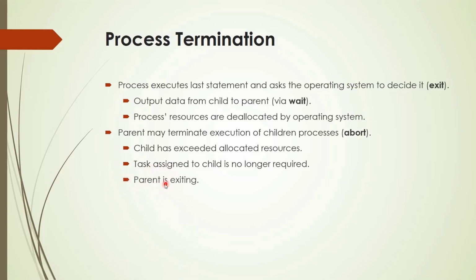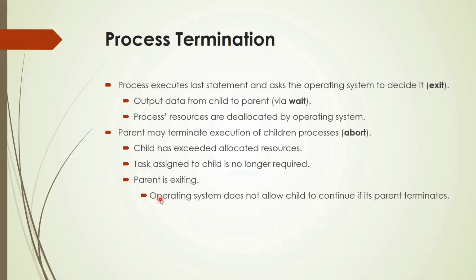Or the third reason for termination of the child process is that the parent is exiting. If the parent exits, the child cannot continue. So whatever the condition, if the parent exits, the child has to terminate.